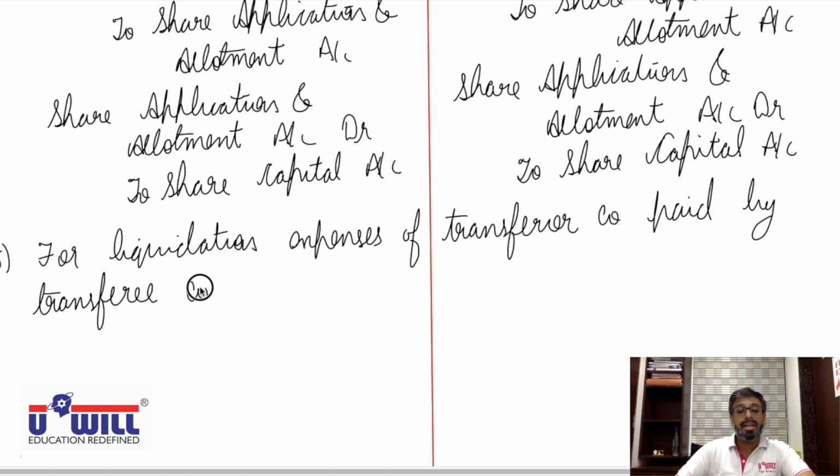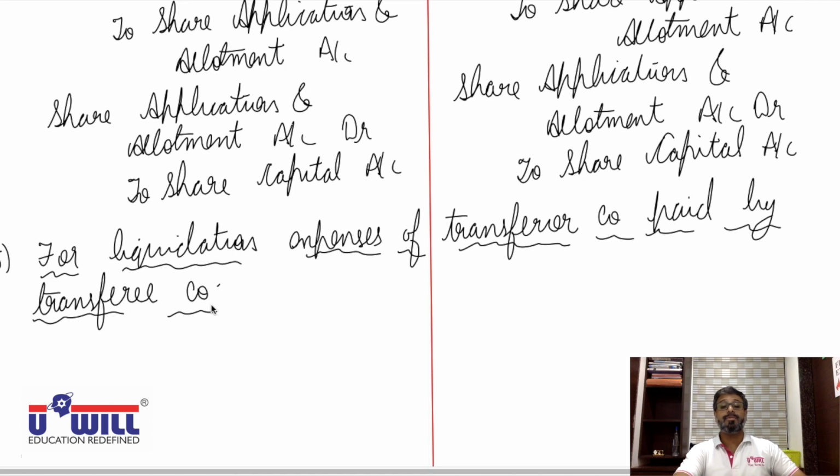So if the transferee company agrees that whatever the liquidation expenses of the transferor company are, they will bear and pay them. Because if the transferor company goes into liquidation, maybe you take over its cash and bank balance also. If the transferor company is not left with any money, how will they pay their own expenses? In this situation, the transferee company may say that we take over the entire company including your cash and bank balance and we will pay your expenses.